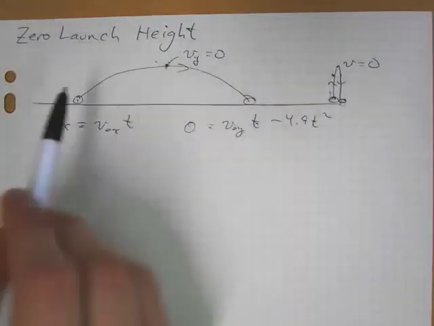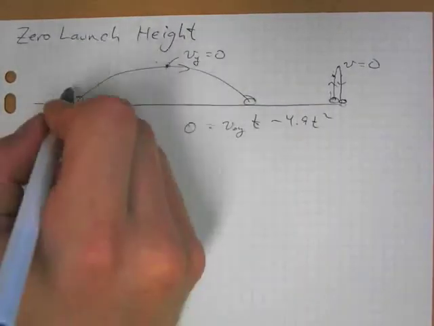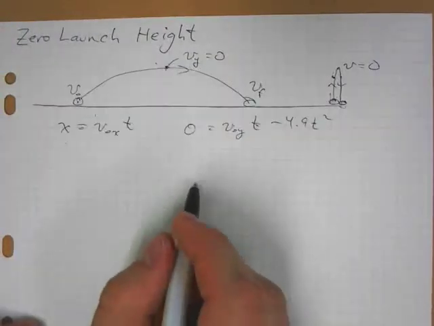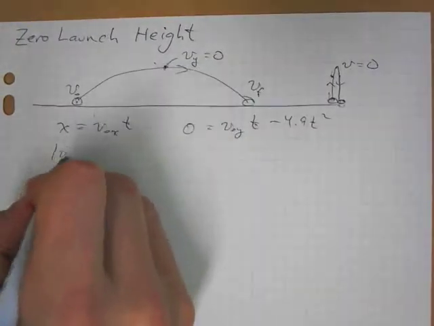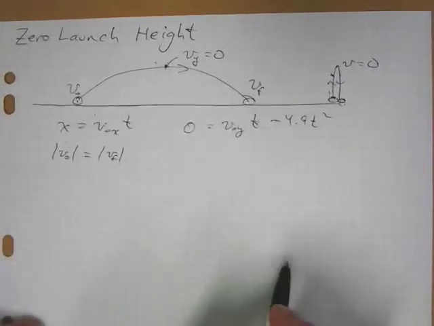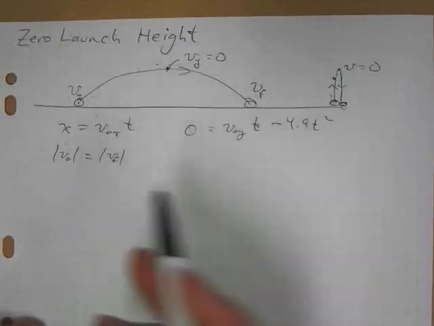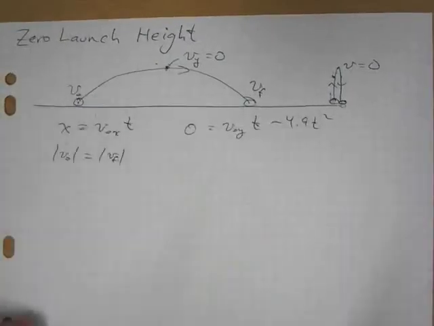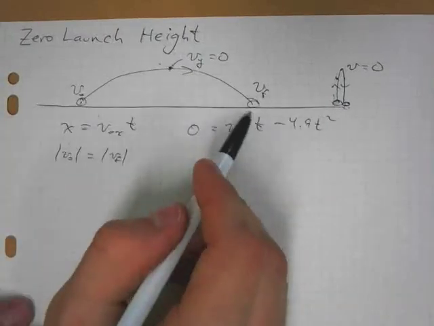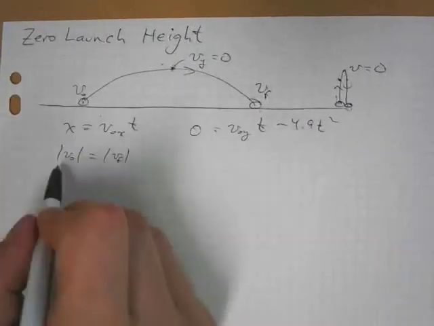So this v naught and v final are very similar. The magnitudes of those two are the same, because we already know that our x velocity is constant throughout the whole motion. Well, our y velocity, here it's going up, and over here it's going down with the same magnitude. So the magnitudes of the initial and final velocities are the same.